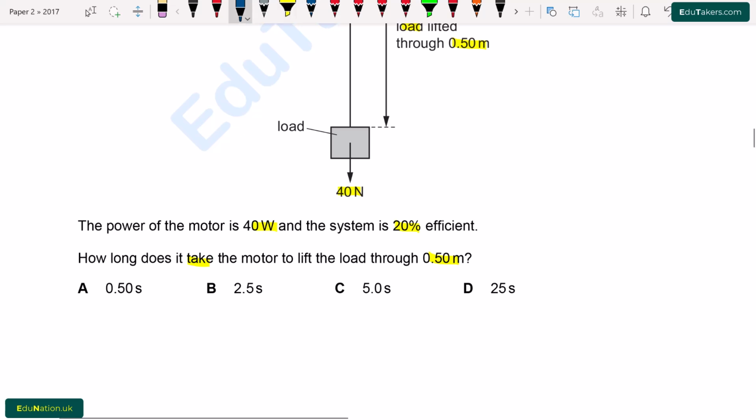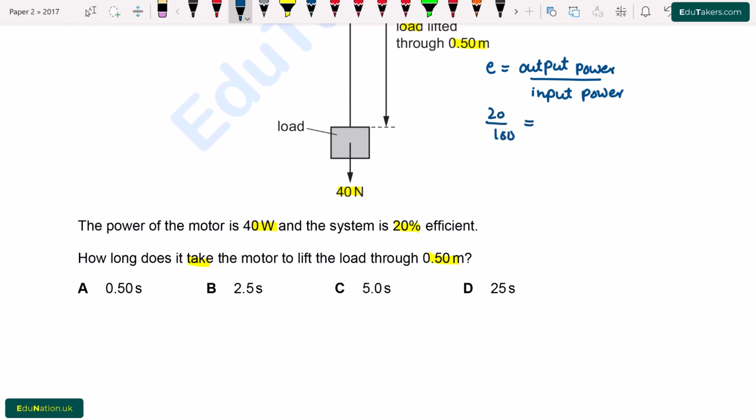So I write here efficiency is equal to output power divided by input power. Efficiency is 20%, so I write here 20 by 100.